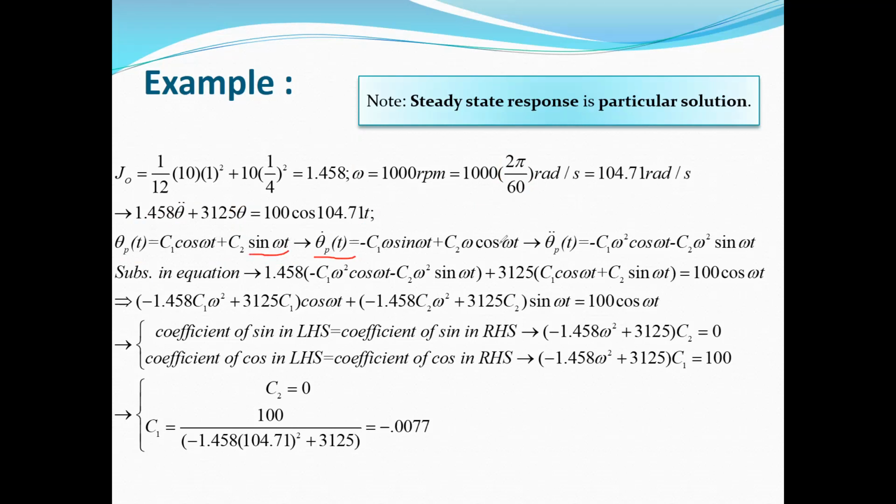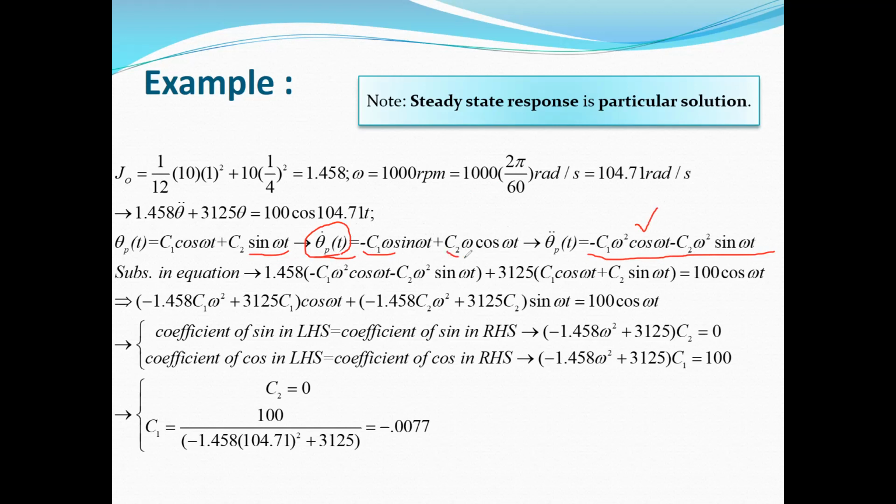So this is the first derivative, and for the second derivative we again find the derivative of theta dot p with respect to time. Omega is a constant value, and the derivative of sine omega t is omega cosine omega t. So this term will be minus C1 omega squared cosine omega t, as you can see here.